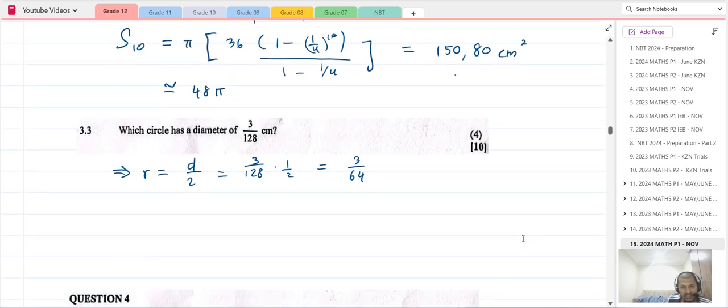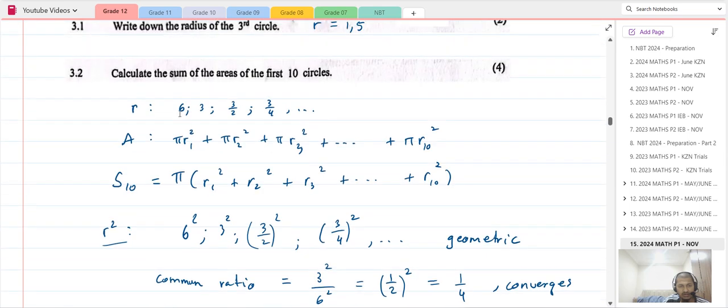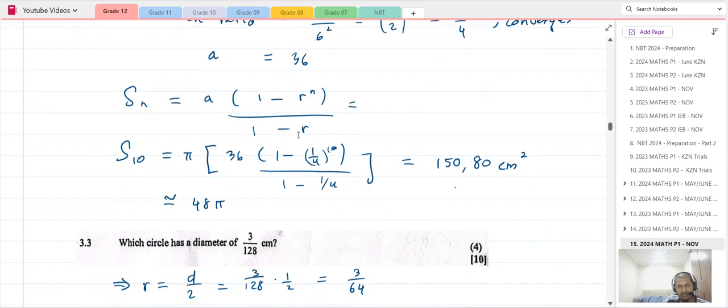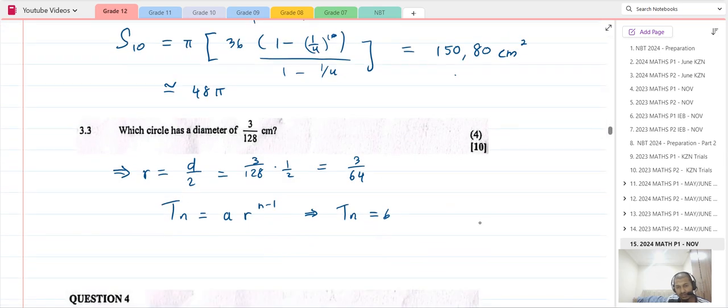Tn is equal to a times r to the power n minus 1. Here a is 6 and the common ratio r is half, so 6 times half to the power n minus 1 is equal to 3 over 64.